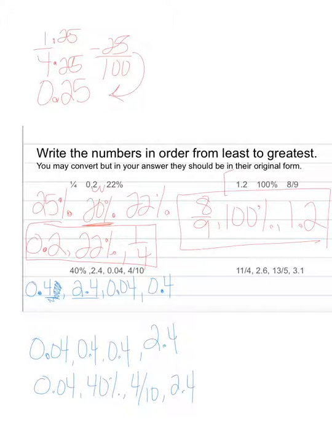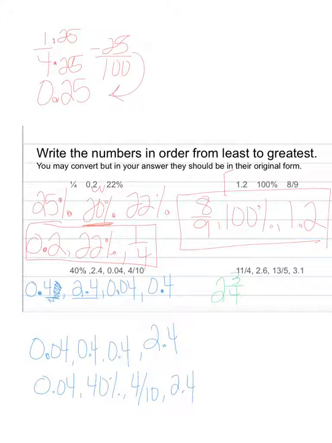Then I have 11/4, 2 6/10, 13/5, and 3.1. So this time, I think I'm going to try to put them into mixed numbers. So let's get a different color. 11/4, I know that 4 can go into 11 2 times with 3 left over.